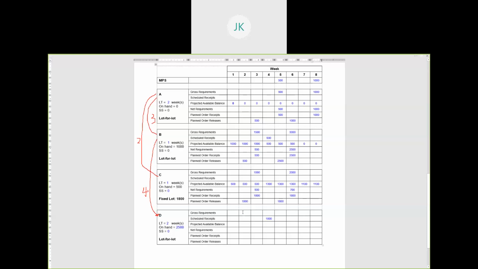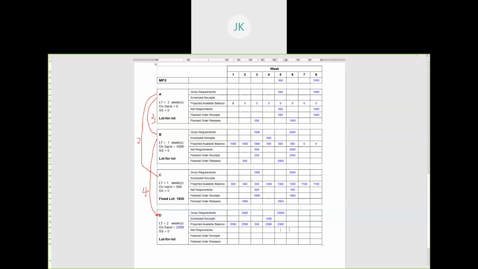So 500 times 4 is 2000, and 2500 times 4 is 10,000. 2500 on hand is enough to handle this one, so there is no net requirement, just use it, then 500 carried over. 500 plus 1800 is 2300.